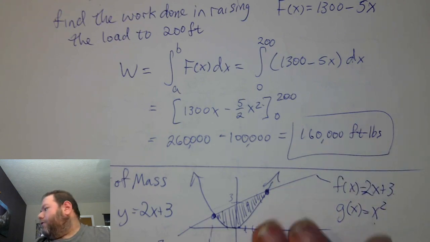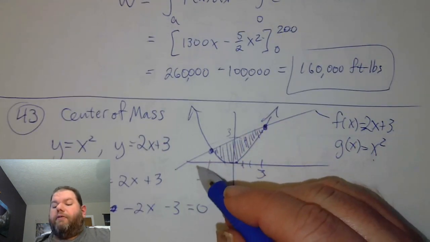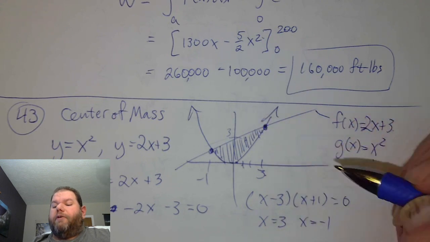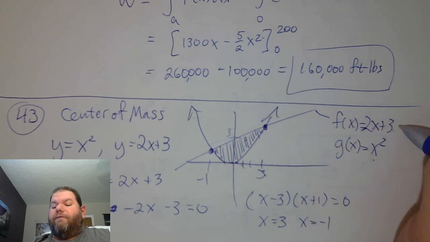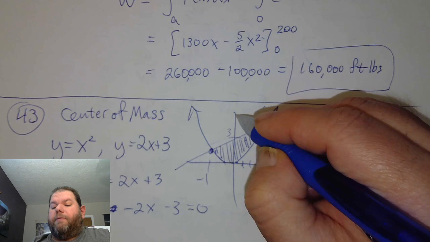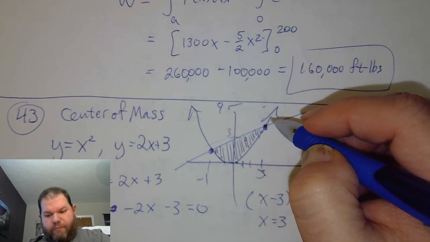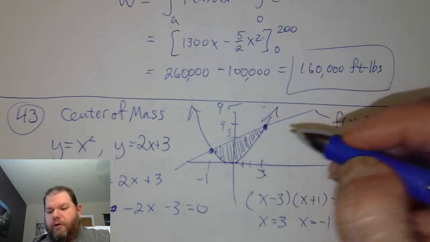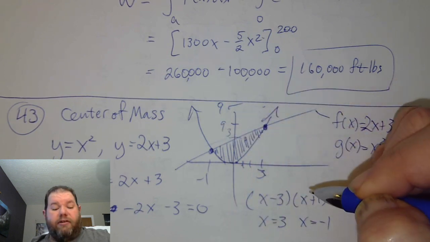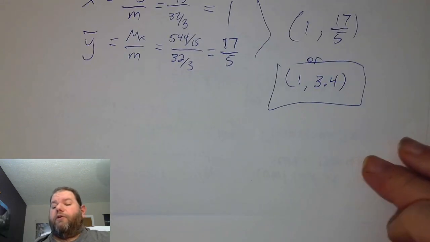Probably what's happening on the graph is I don't have an aggressive enough slope, because at 3 this would have a value of 9, so this is going as high as 9 up here by the time we get to this point. So it looks a little odd, because I didn't graph it properly, but 1 comma 3.4.